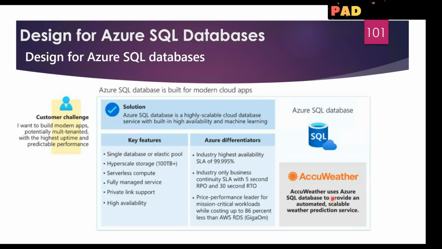So this company wanted access to Azure. It reached out to Microsoft for a solution, and they gave a solution based on big data, machine learning, and AI capabilities. AccuWeather wants to focus on building new models of applications, not on managing databases.